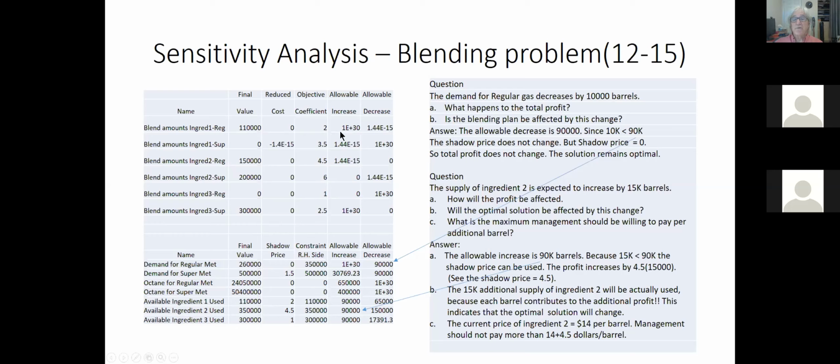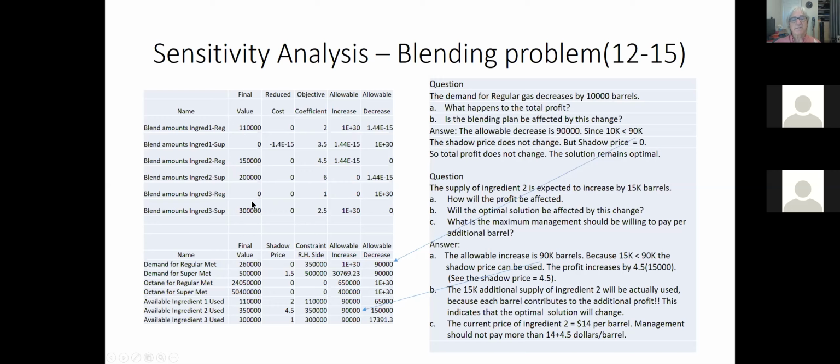What it tells you is that it will never change. Why? The allowable increase of the number 2 is infinity. You can increase the profit on ingredient 1 when mixed to be sold as a regular gas. You can increase the profit indefinitely because the allowable increase is infinity.